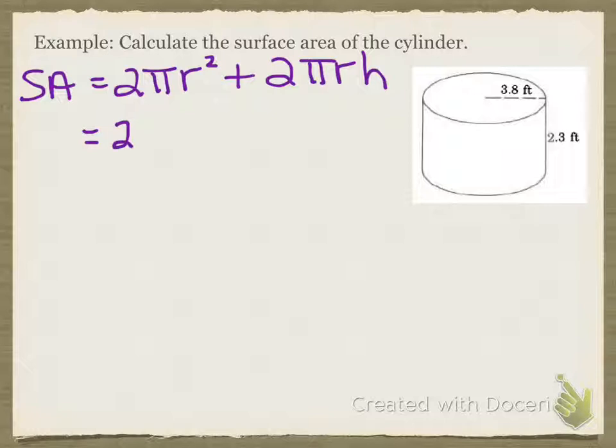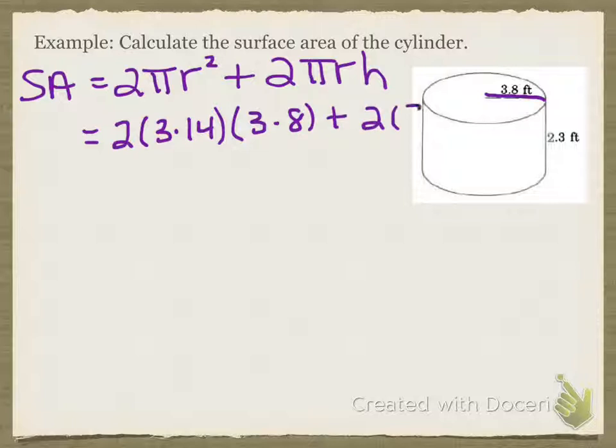Well, 2 times pi, which is 3.14, times the radius, which in my picture is right here, 3.8, plus 2 times 3.14, running into our diagram here, times my radius of 3.8, times my height of 2.3. Just fit it in. And as you can see, the height is here.